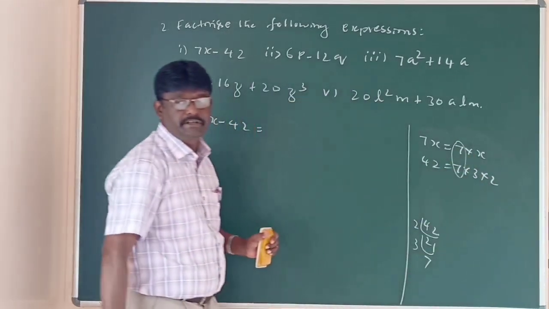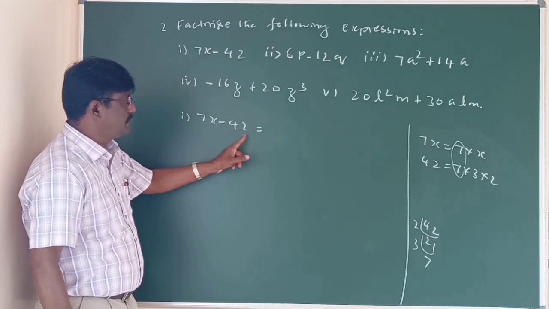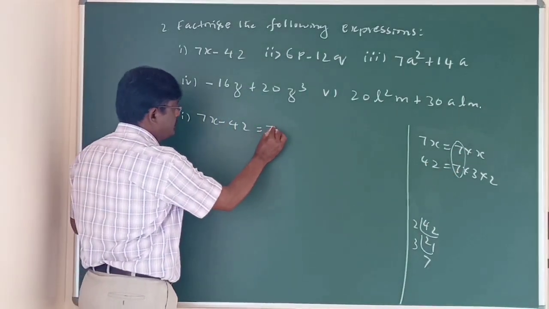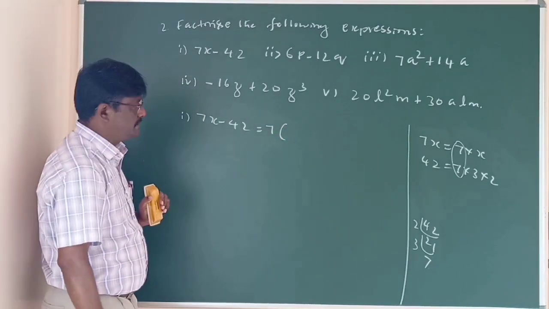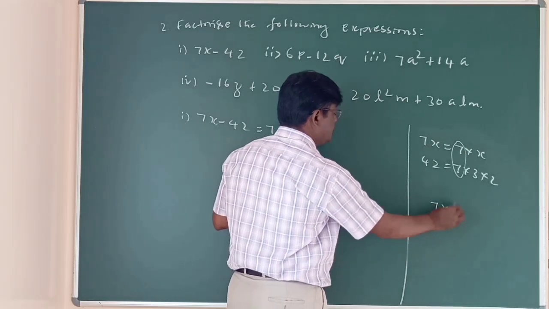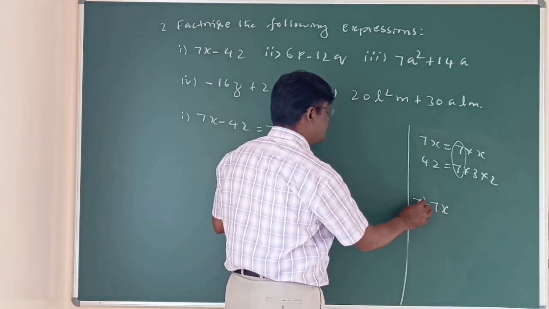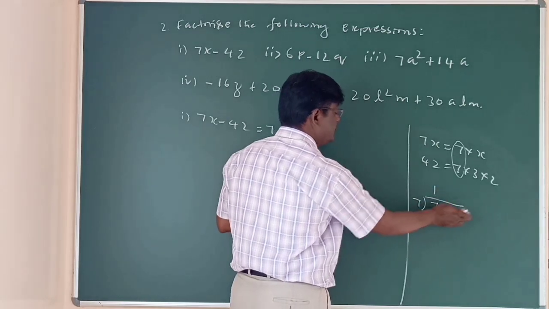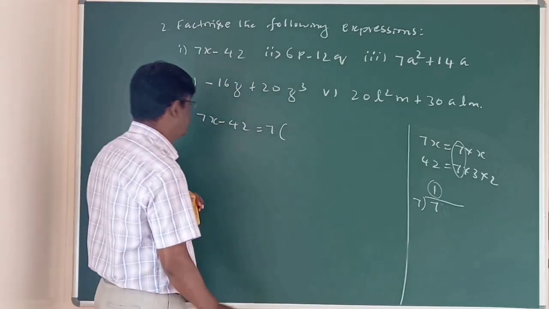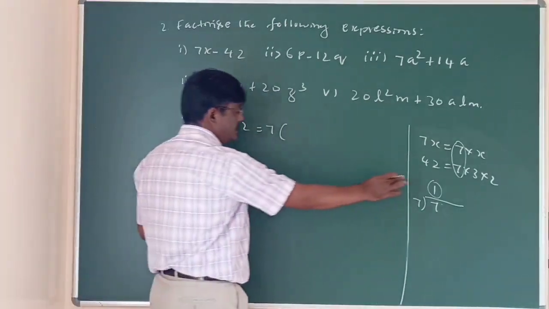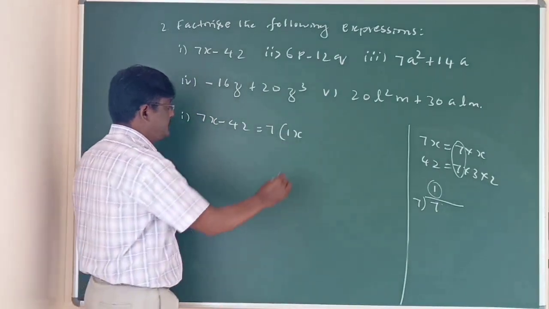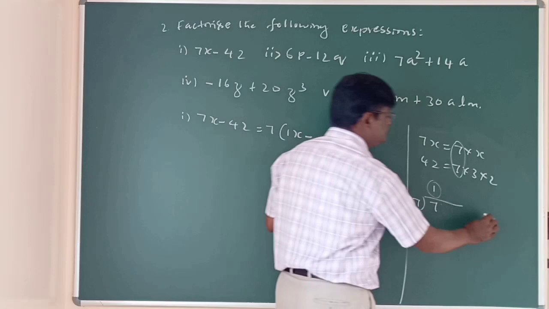Hence the common factor between 7x and 42 is only 7. You write that common factor here. Next, take the first term 7x and divide by this 7. 7 ones are 7, hence it goes by 7. So we put 1 into x, minus, take 42.